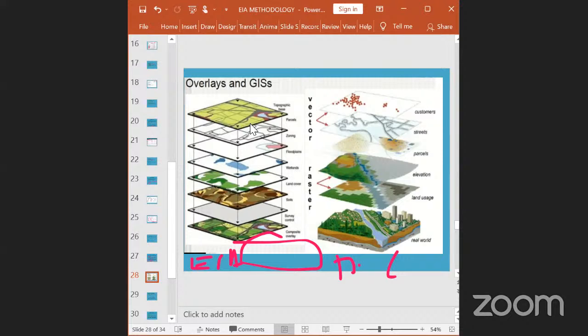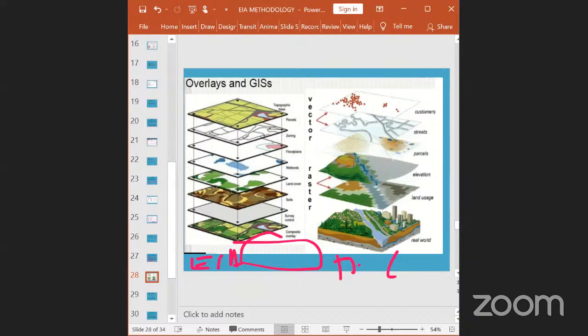In the past, old techniques used transparent plastic in different colors for this mapping. But nowadays we have GIS, a modern technique for the same activities, done using what? Computer software, hardware, data, and skilled people.